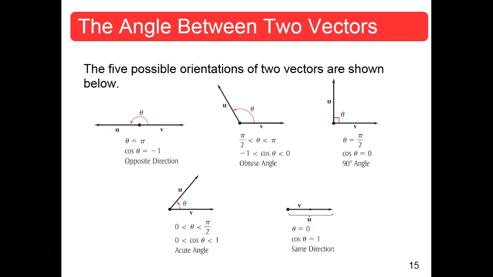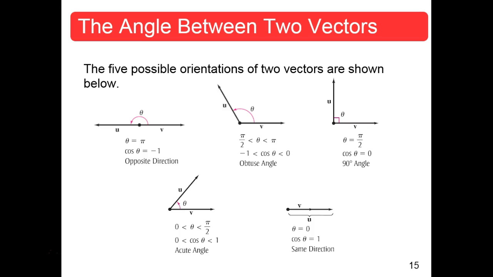All right. And then almost finally, if the two vectors form an acute angle between them, then your dot product is always positive, because the magnitude of u and magnitude of v are always positive, and the cosine of an acute angle is always positive.